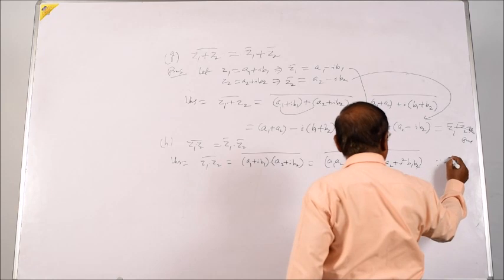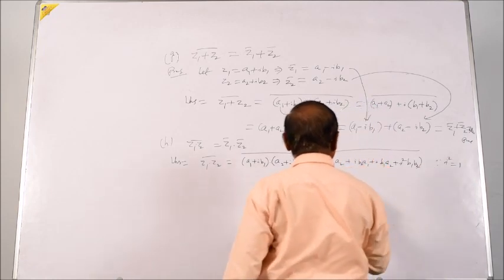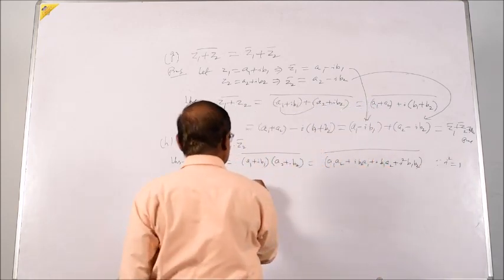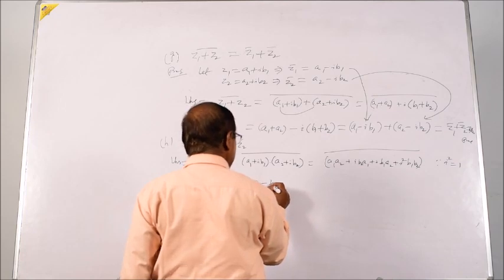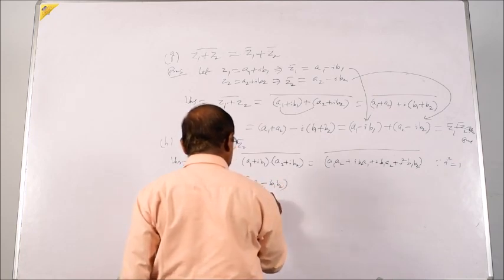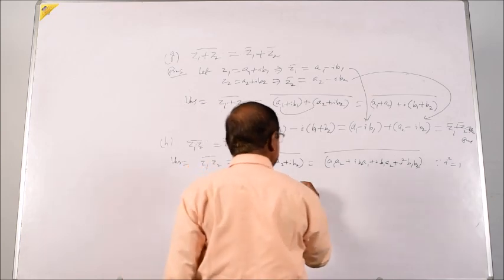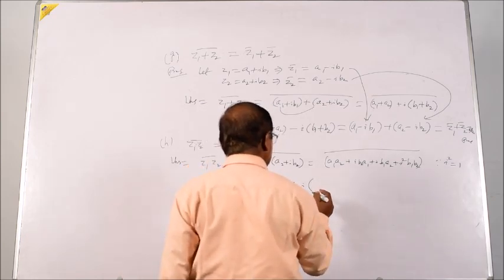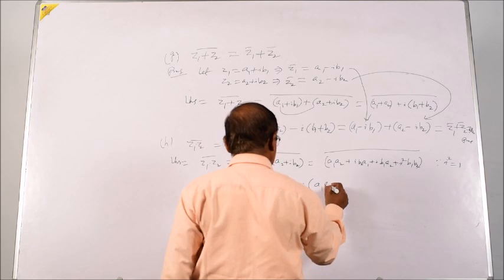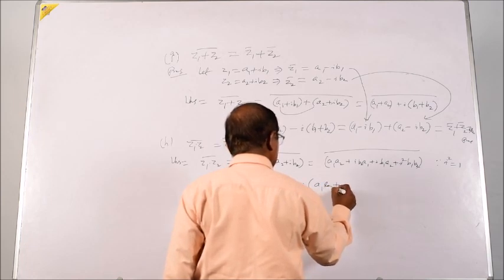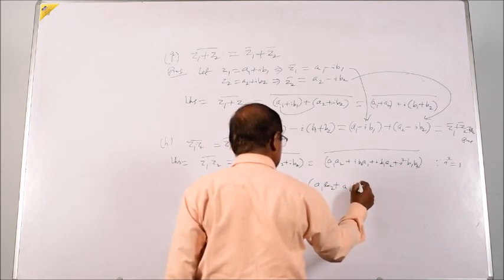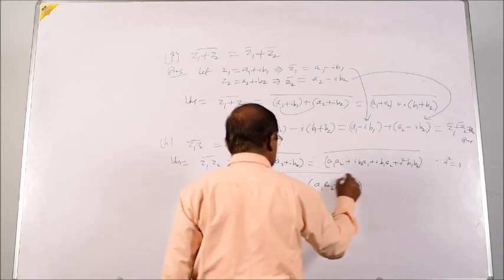As i square is minus 1, this becomes a1 a2 minus b1 b2, this is the real part, and we will take i common: a1 b2 plus a2 b1, whole conjugate.